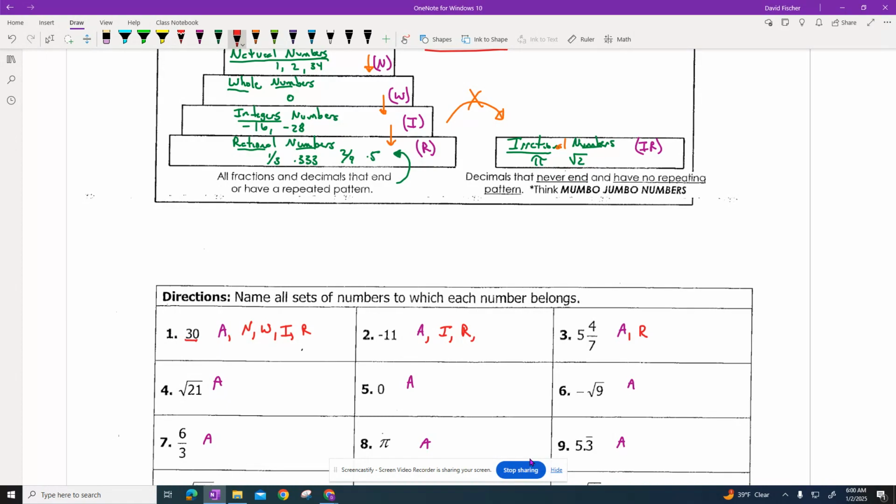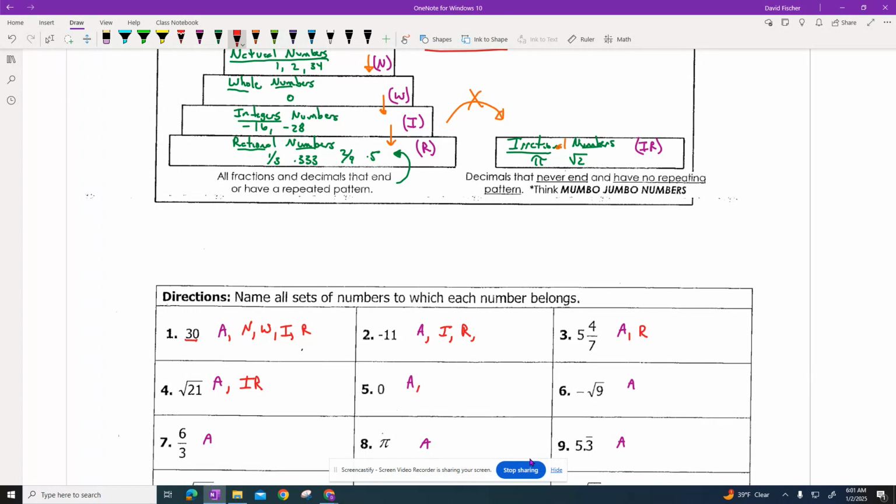And so if it fills up, and I'm looking at all those digits, I have a 5, 8, 2, 5, 7, 5, 6, 9, 5. None of those are repeating. So this one is an IR, irrational number. There's no other numbers or boxes underneath this guy. So he's kind of over here all by himself. That's why I call him kind of the weird box. Okay. 0 starts right here at whole numbers.